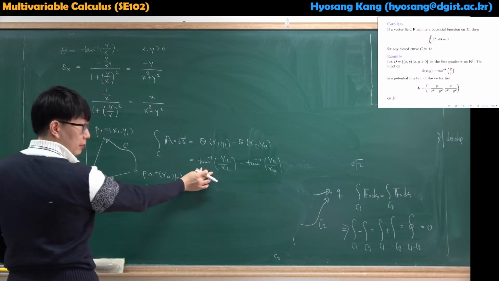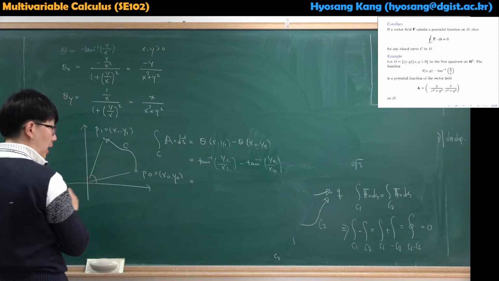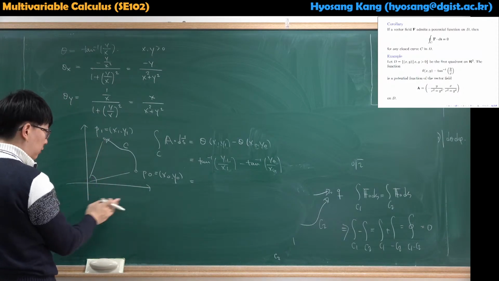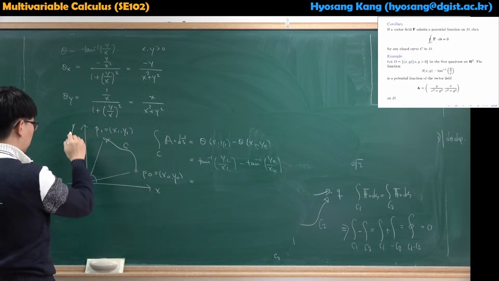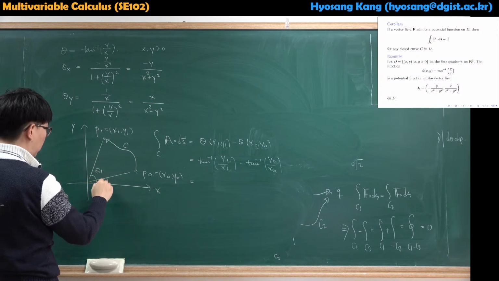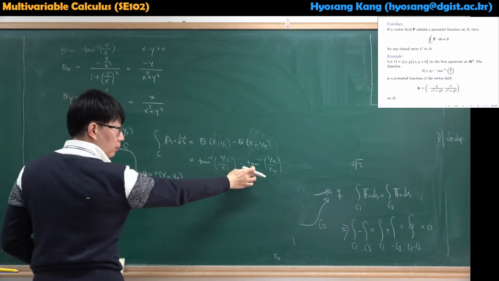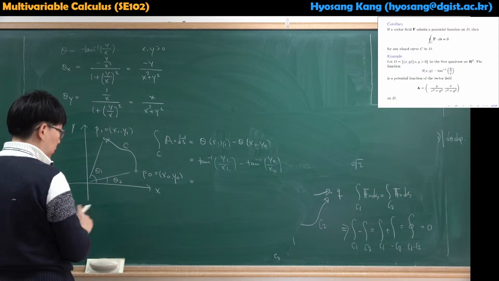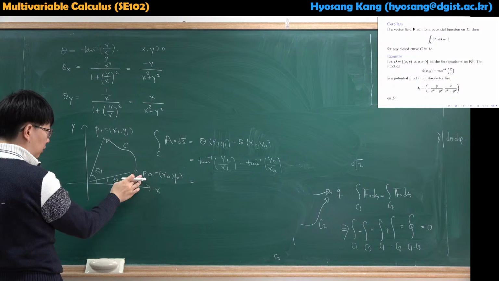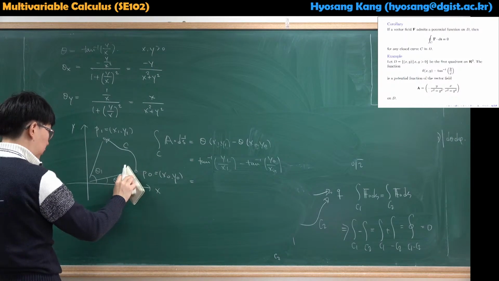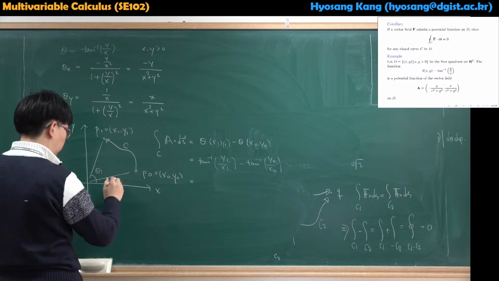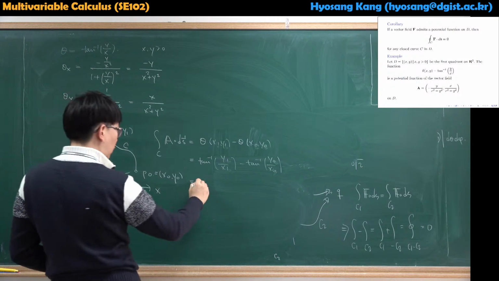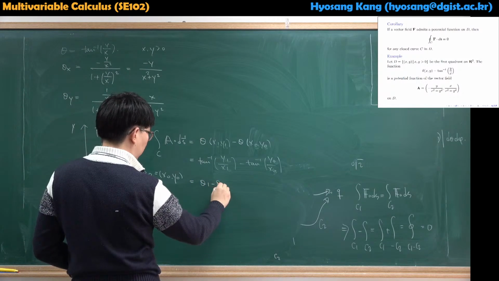So that measures the angle of this P1 from the x-axis. So this is theta 1. And how about the second summation? That's the measure of the angle of P0. So this is theta 1 minus theta 0.